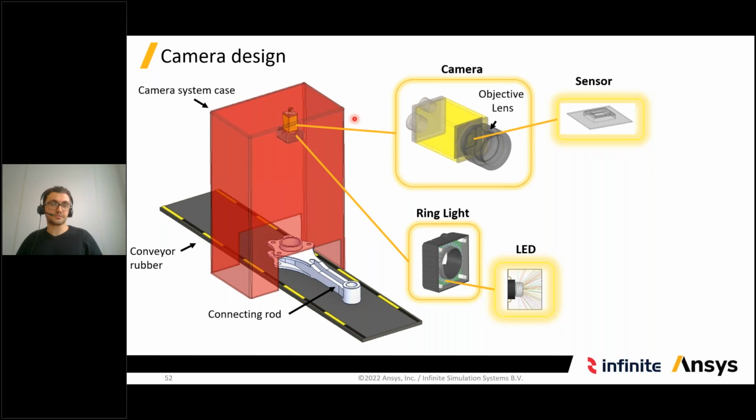This camera monitors the products on the conveyor belt. Then we can use SPEOS to simulate the LED light on the camera and the whole environment. We can use Zemax to design the lenses in the camera. And lastly, we can use Lumerical to design the sensor in the camera itself.